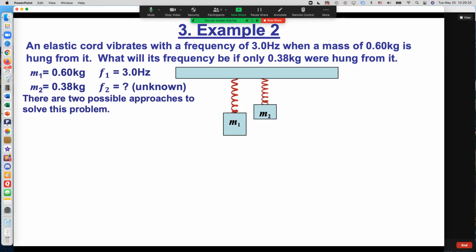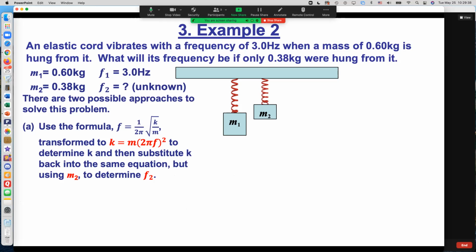So there are 2 possible approaches to solve this problem. We are comparing. In physics, what do we do when we compare things very often? Yeah, we divide the equations, exactly.